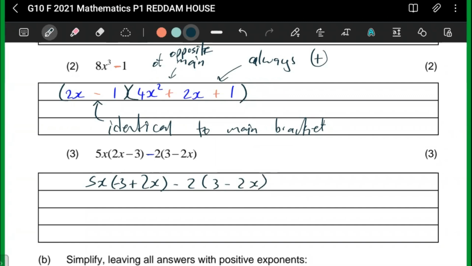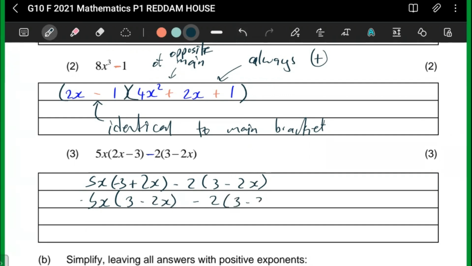They don't quite look identical, you see. So for them to look identical, we have to take out a negative in the first bracket. A negative has to be taken out as a common factor. So if you take out a negative, you're going to have 5x here. Now here you're going to have a positive 3, and then here you're going to have a negative 2x, you see. So that's the good news here.